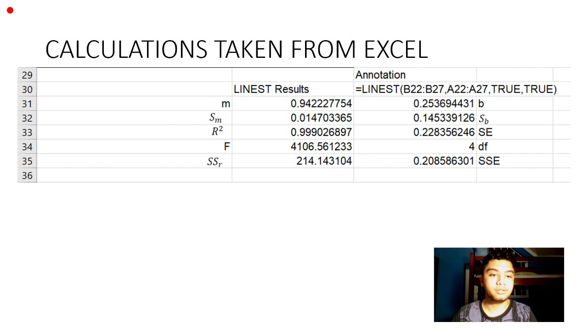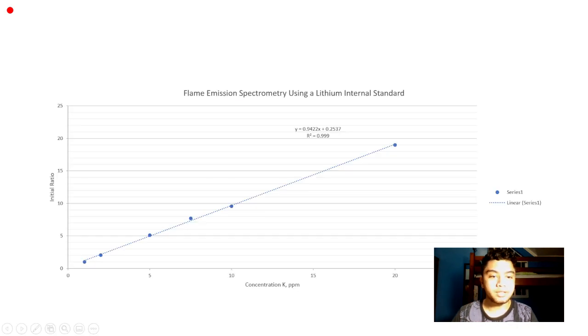Using the equation y equals mx plus b, the equation is 0.9422x plus 0.2537, and the regression is 0.999.